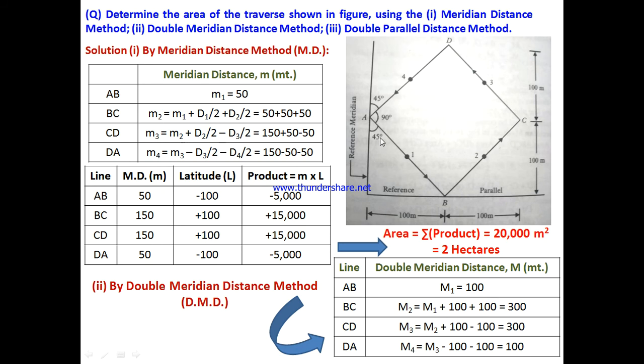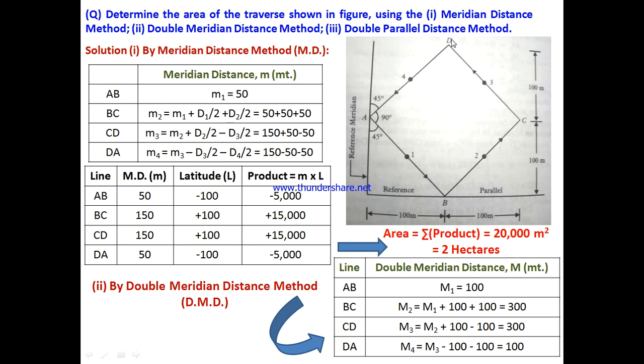Now suppose I need to calculate the meridian distance for line 4, M4. So double meridian distance of line DA, or line 4, will be equal to meridian distance of D plus meridian distance of A. Now meridian distance of D is already calculated as 300, or I can say the M3 value.